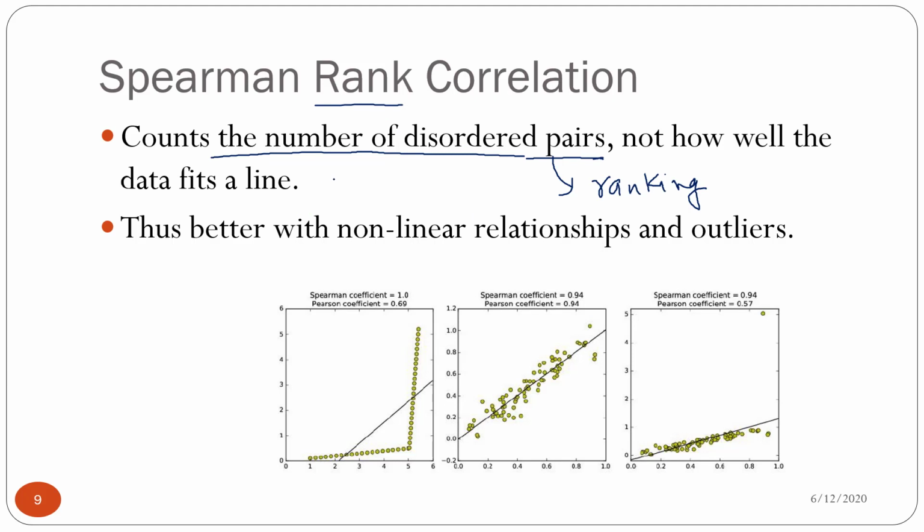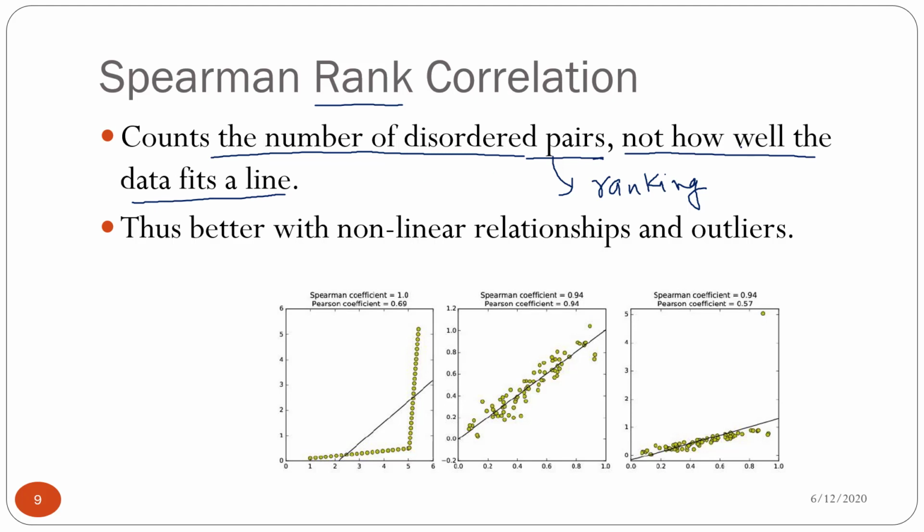Once you have this ranking for X and also for Y, then we count the number of disordered pairs. Disordered pairs means if X is, say, rank 5 but Y is rank 3, then we have to find out the difference in the rank. That's how this is computed. It is not based on how the data fits the line.